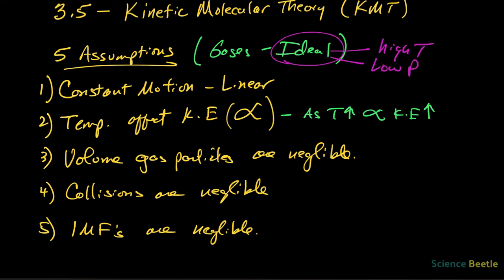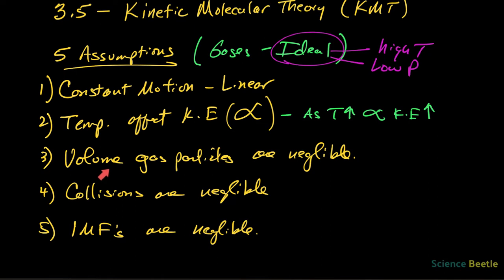So with respect to assumptions 3, 4, 5, the reason we can consider them to be negligible lies in the fact that, one, gases have a lot of space between individual particles. But if you take that gas as a whole, the gas as a whole does occupy space, but the individual particle itself is actually very, very small.